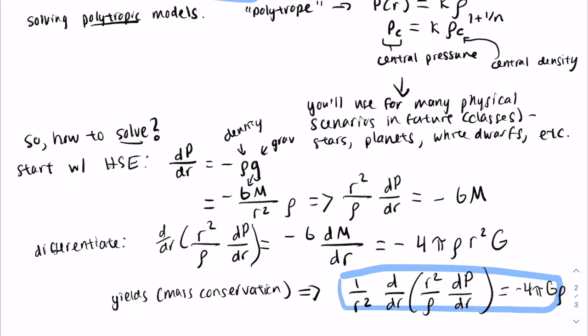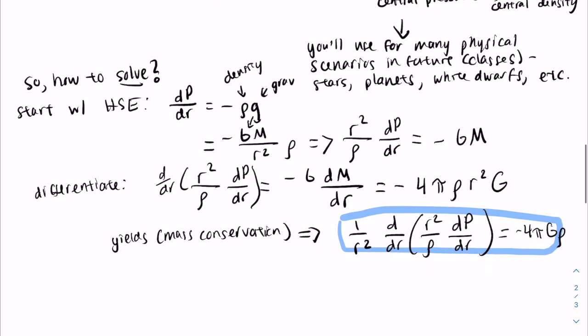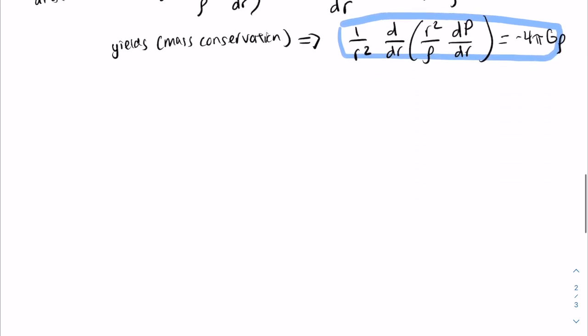Okay, so this is going to be our starting point. Now we have not yet used the polytrope equation, so we're going to define a dimensionless density. So this is just a change of variables here.